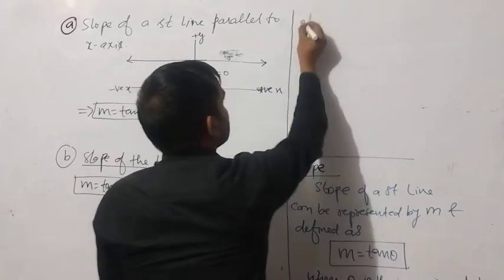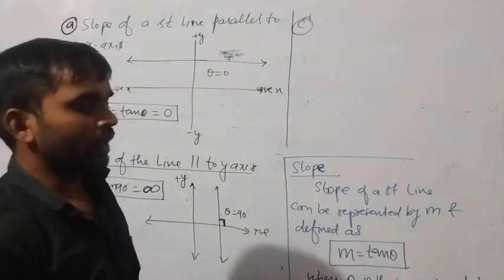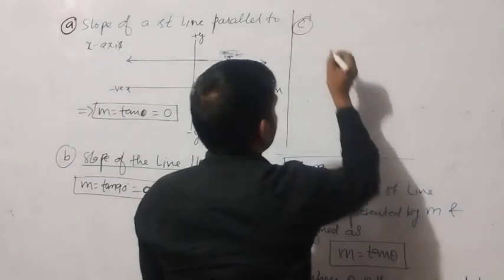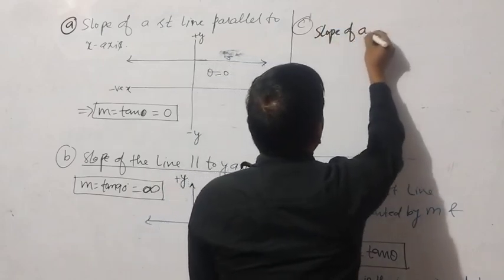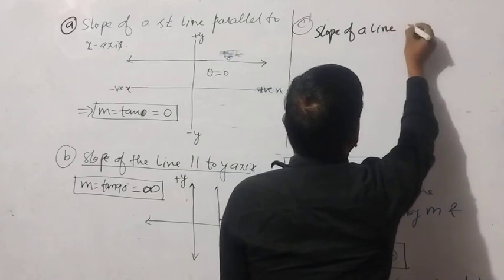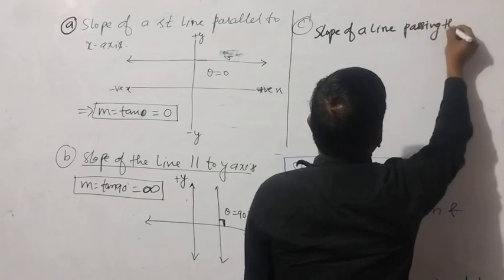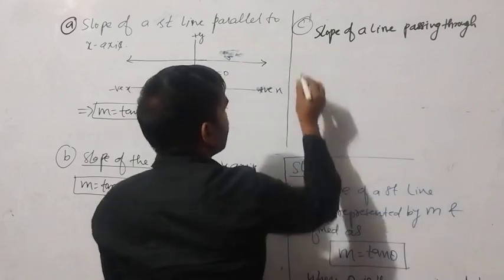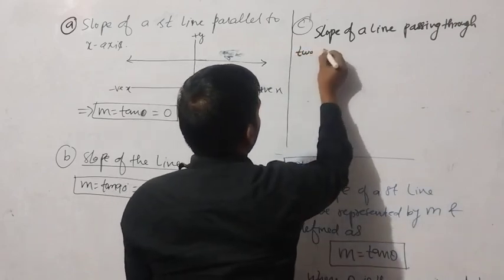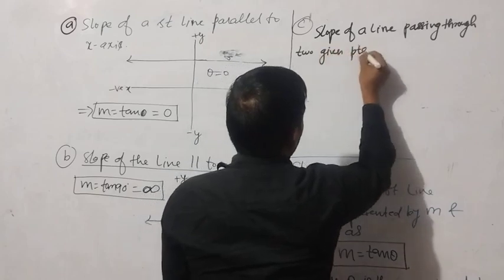Third thing, you can see simply here, slope of the line passing through 2 points. Okay. So how can we simply calculate the slope of a line passing through two given points.